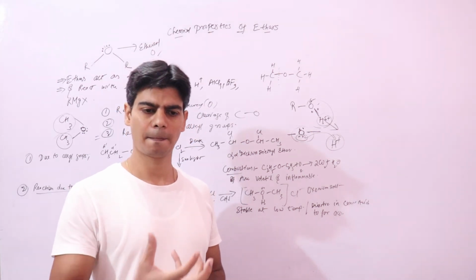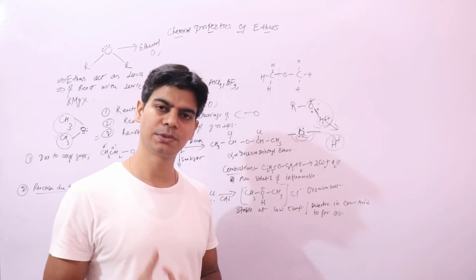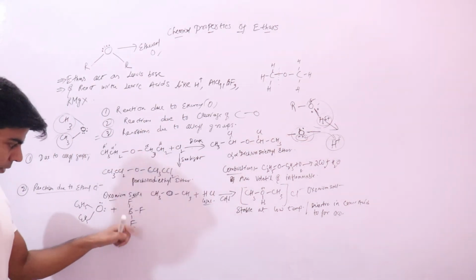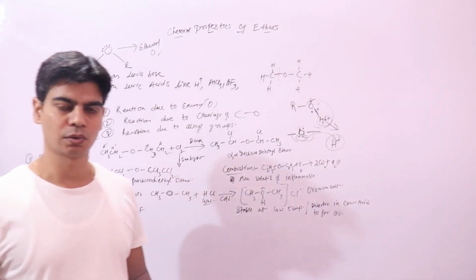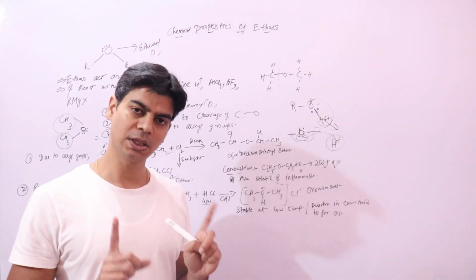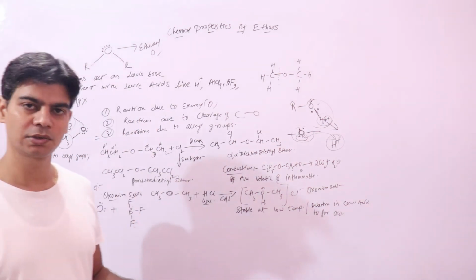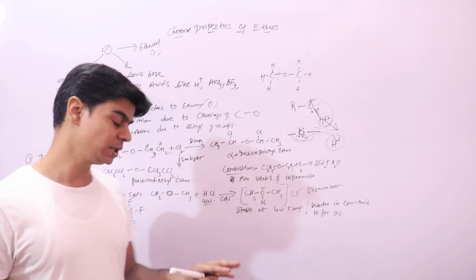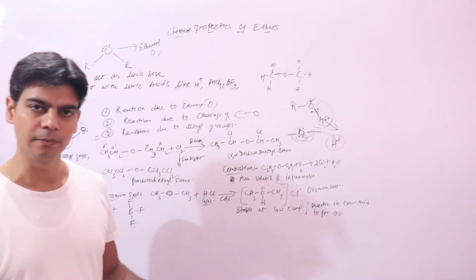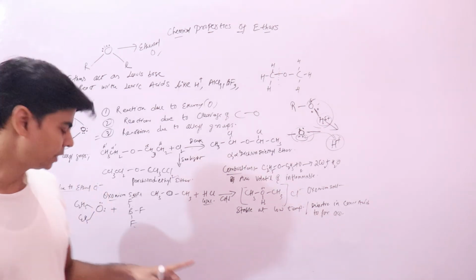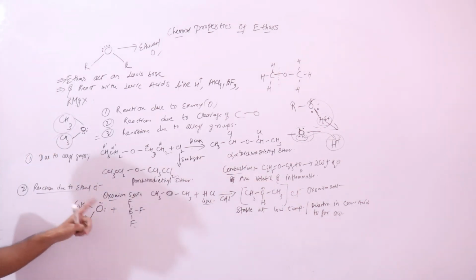Both are exceptions to the octet rule, in that the central atom boron does not contain 8 electrons. Normally an atom contains 8 electrons to achieve stability, but this contains only 6 electrons. So it is short, and it can accept a pair of electrons from your Lewis bases.